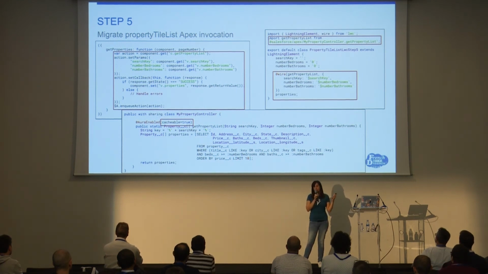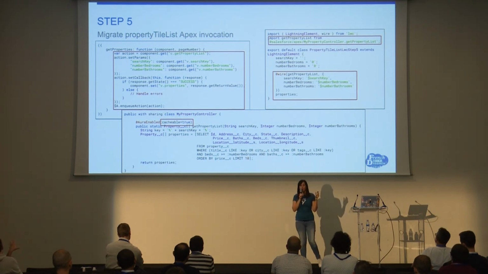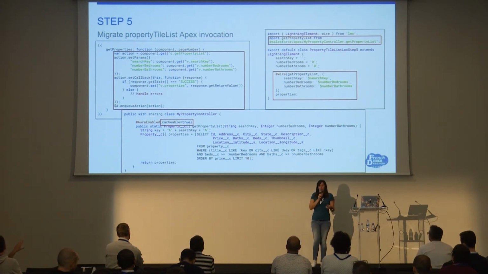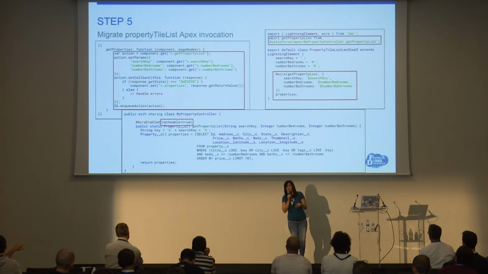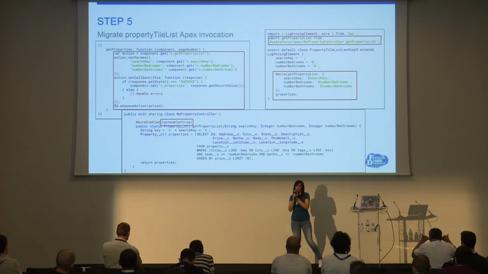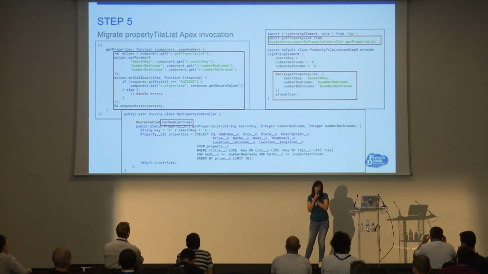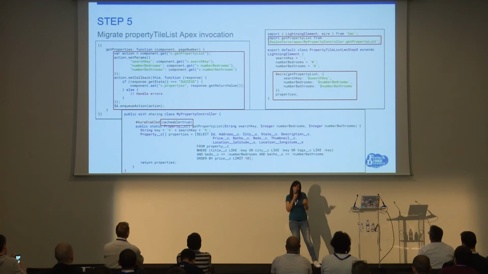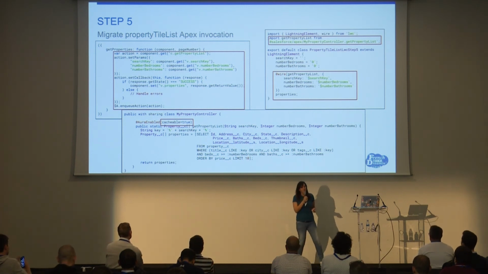In this case, I'm calling an Apex method, but there are also some standard wire adapters that we have released to get record data directly, okay? And for example, there is a beta wire adapter called getListUi that I could have used in this example probably, okay? But I just migrated from Aura, so I didn't.